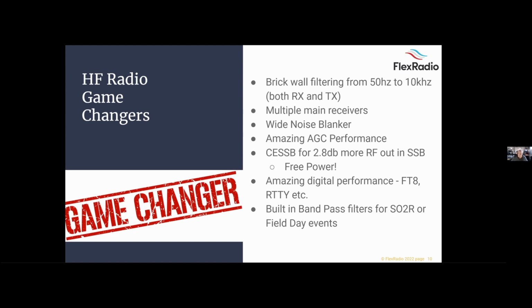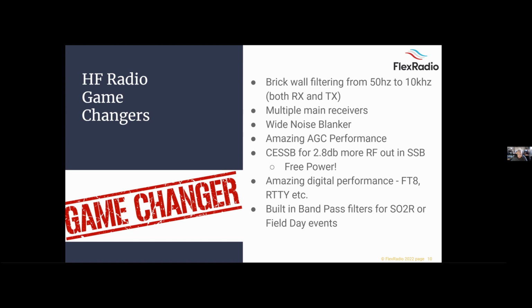We can have multiple main receivers, and because some of our radios have multiple spectral capture units, which is the unit that does the actual conversion from weak signal to the digital domain, we can be receiving multiple receivers off of multiple antennas. We can do wide noise blanking, so we can look at the entire RF spectrum if we want, from 30 kilohertz to 54 megahertz, and have that inform our noise blanker algorithm.